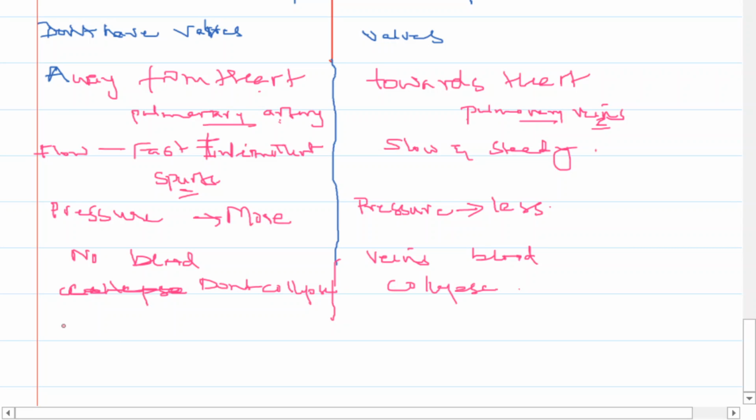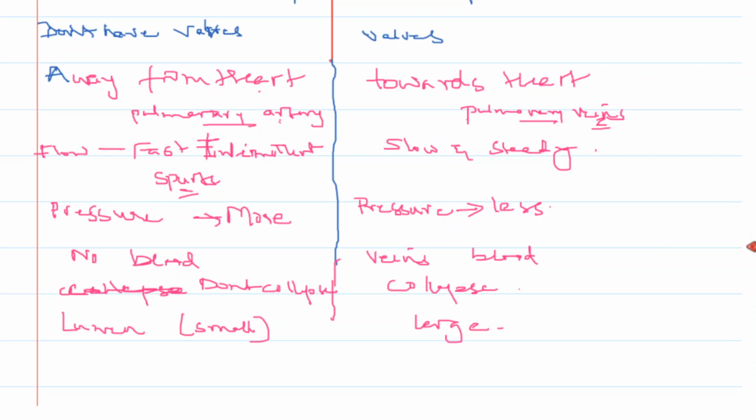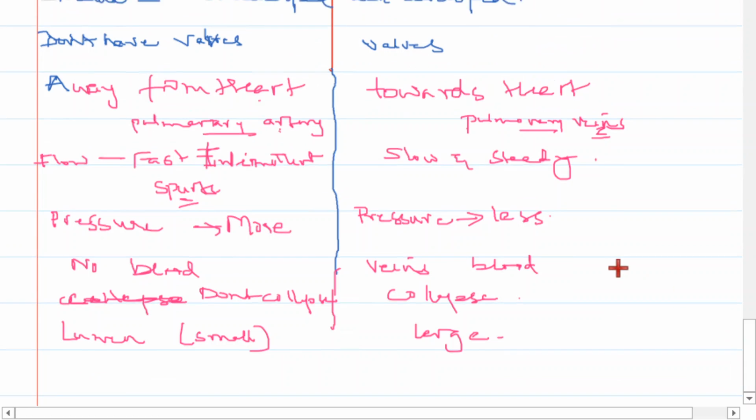And the lumen in the arteries is small. Lumen means the interior space. And in the veins the lumen is large. Okay, these are the differences between the arteries and the veins.